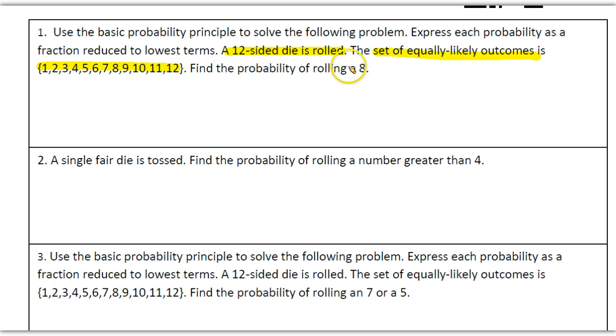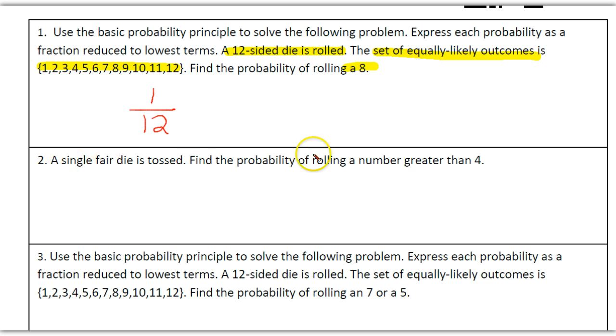Find the probability of rolling an 8. Well, the probability of rolling any number, since there are 12 possibilities, is out of 12. That's your sample space. And rolling any one of these, which is, in this case, an 8, will be 1 out of 12. And if you put all your 1 out of 12s for each number, that would equal the whole, or 1.